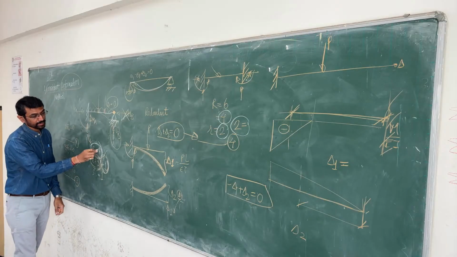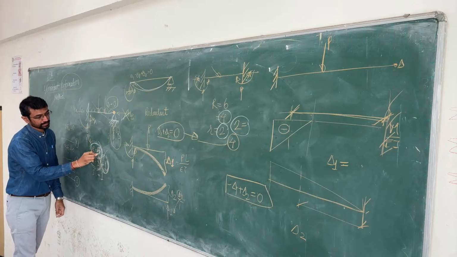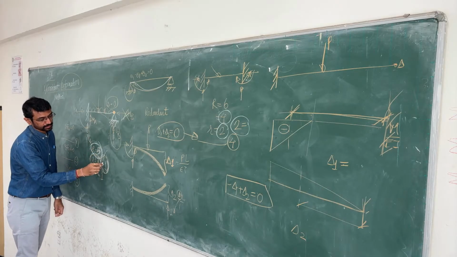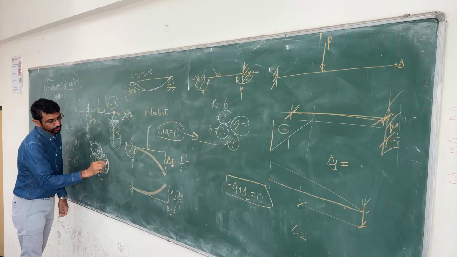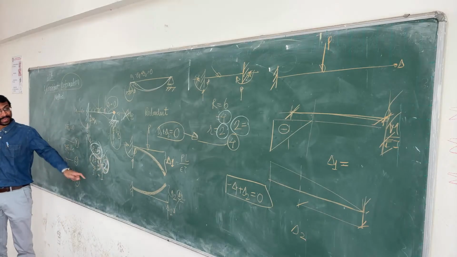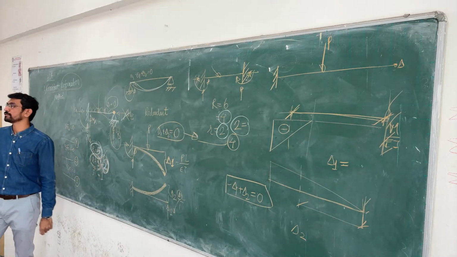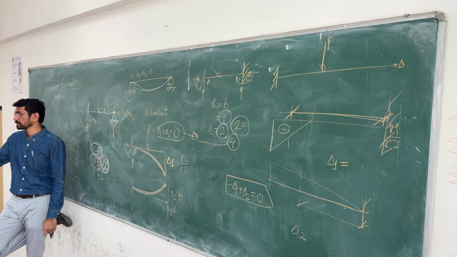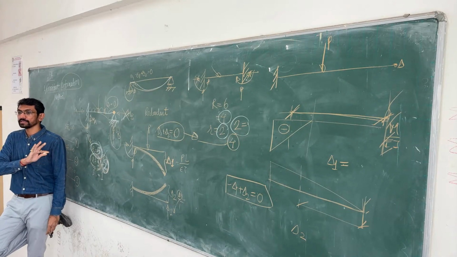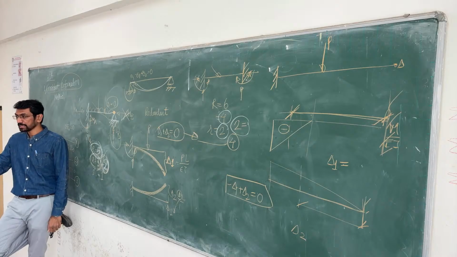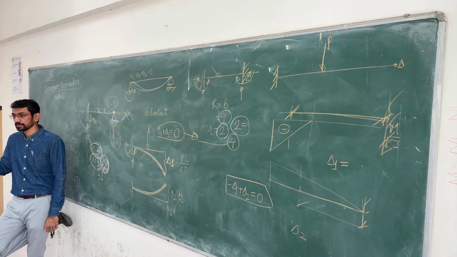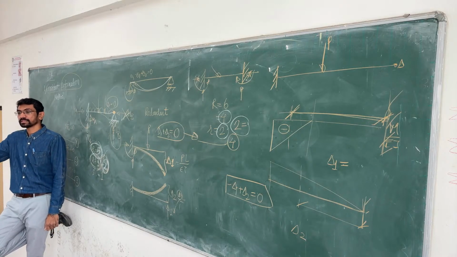So small r becomes 3, and you need 2 redundants. And one problem of a fixed beam we will solve. So mainly 3 problems are to be completed in this chapter, in the next 3 lectures.